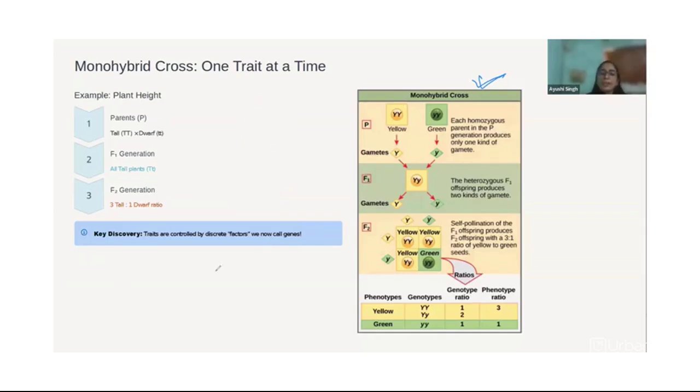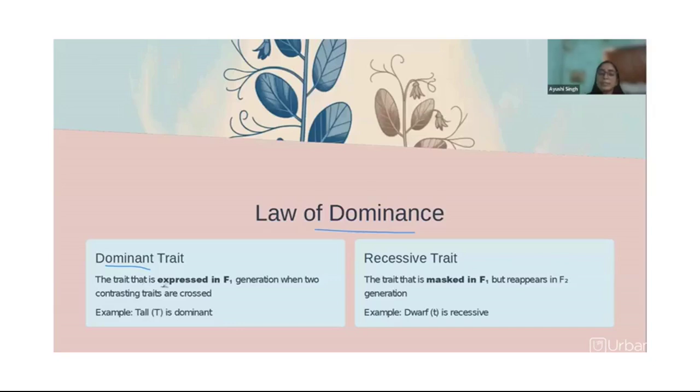A dominant trait is the trait that is expressed in the F1 generation when two contrasting traits are crossed. Even if you are crossing yellow and green plants, in the F1 generation you will notice only yellow seeds, because that is the dominating character.